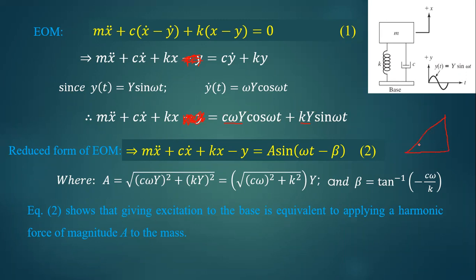So if we consider this as some beta angle, here is the c omega Y component and this is the k Y component.